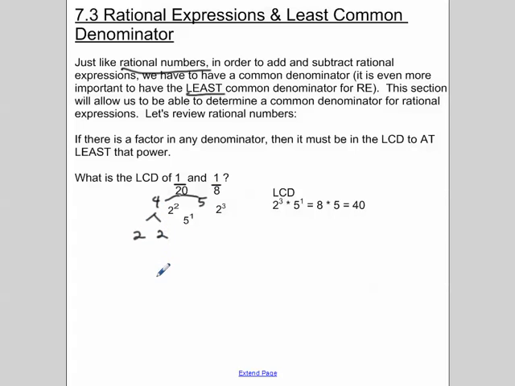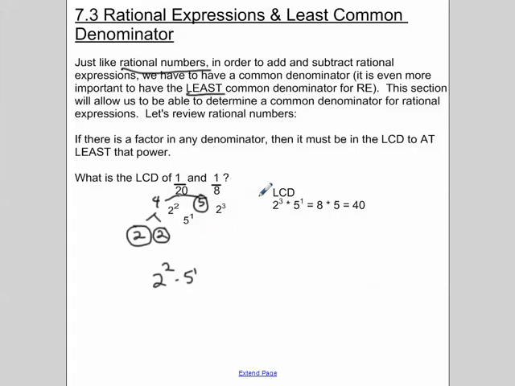So our factors become 2 squared times 5. I've got a 2 and a 2 and a 5 as my factors for 20. 2 times 2 is 2 squared, and 5 is 5 to the first power, or just 5.